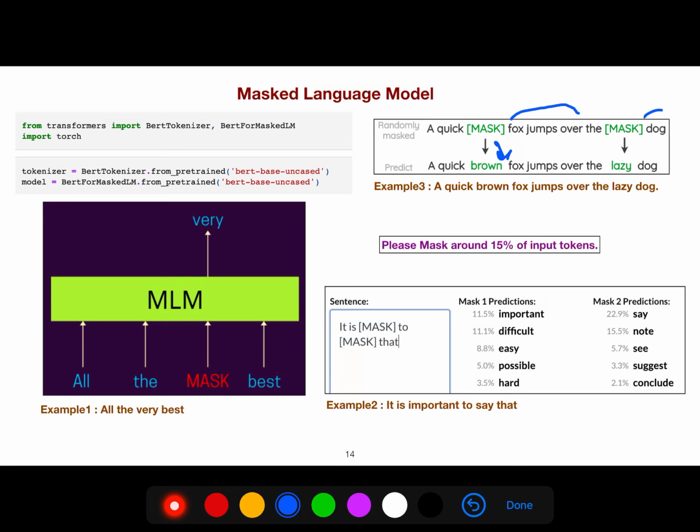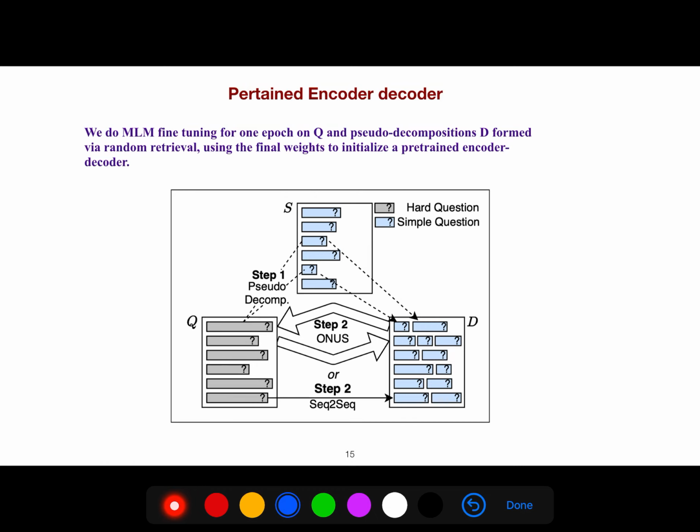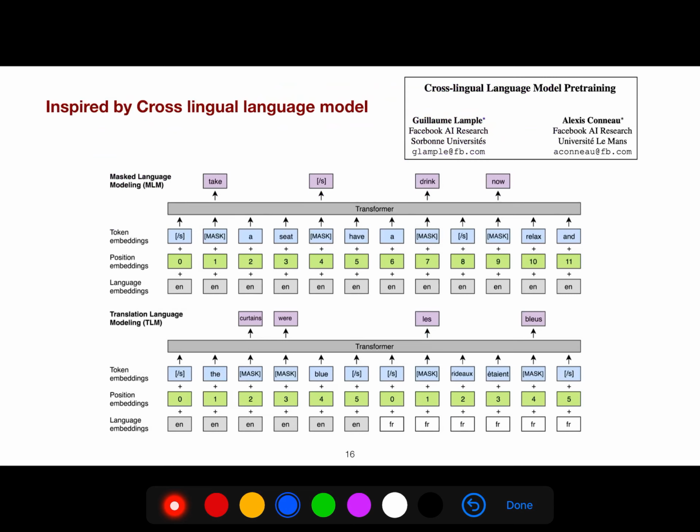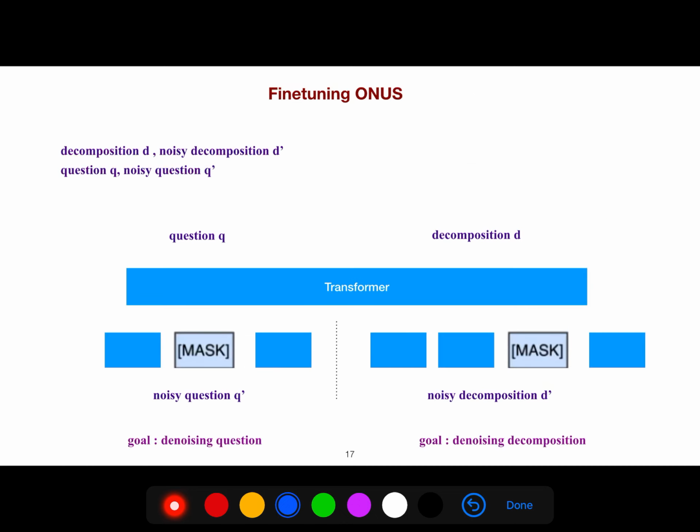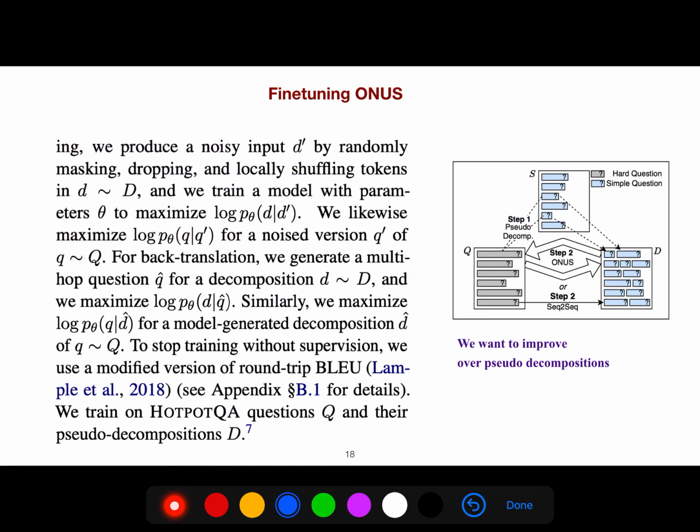And now we are done. Now we do this masked language model fine-tuning for one epoch on question and pseudo-decomposition via random retrieval, using the final weights. Of course, this is a very interesting paper. We skip it, and we skip this.